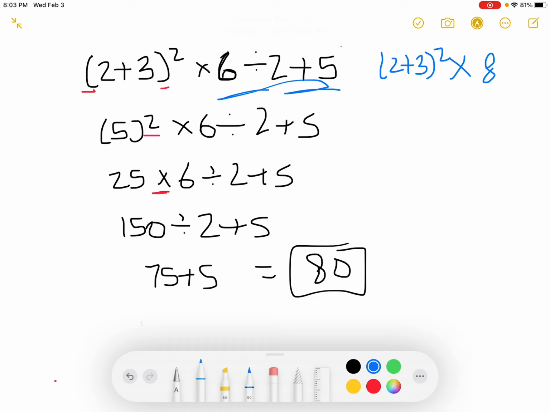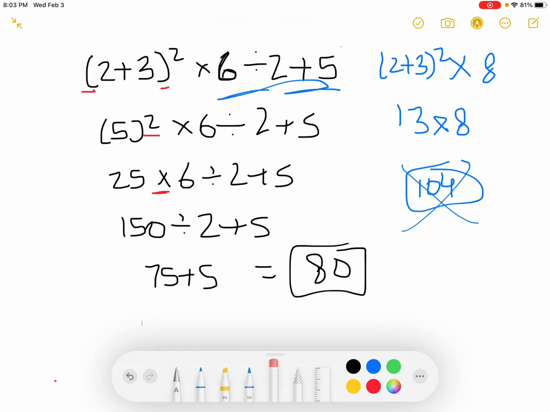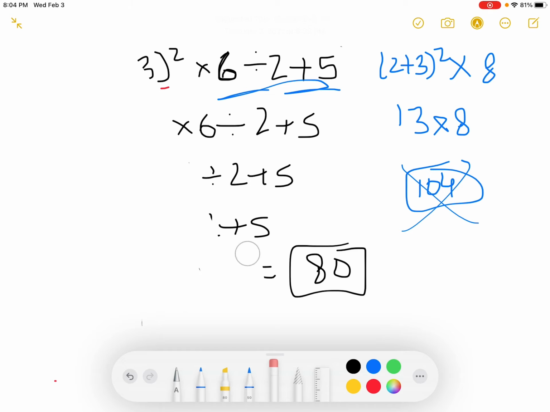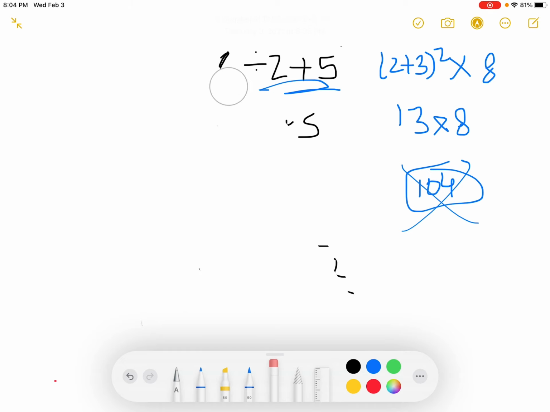And then let's say we decided to square 2 and 3 instead, so that's 4 plus 9, which is 13, times 8. 13 times 8 is 104, not 80. That's why you have to use PEMDAS, because it does matter what order you do things in, or you'll get the wrong answer.